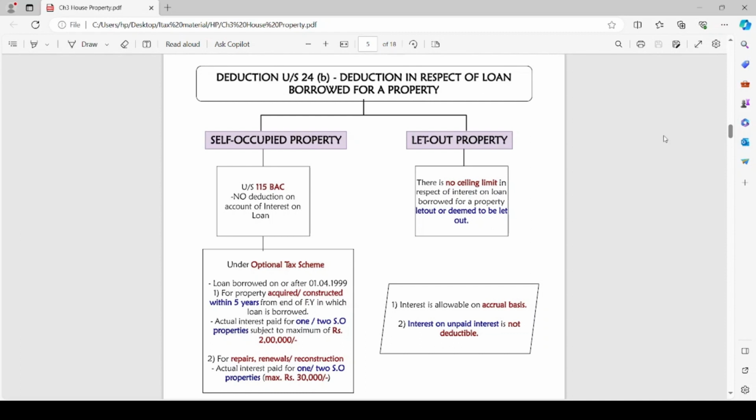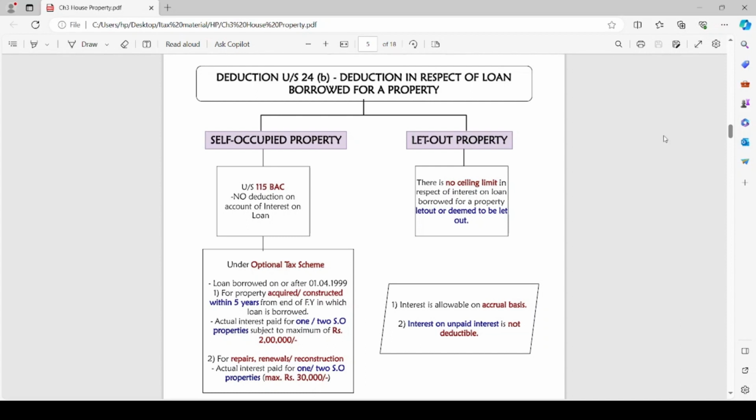So any assessee who is living in a self-occupied property cannot claim deduction in respect of the loan borrowed for such property if he is paying tax under 115BAC. Remember these keywords: under section 115BAC, 24B deduction cannot be claimed in respect of self-occupied property only.